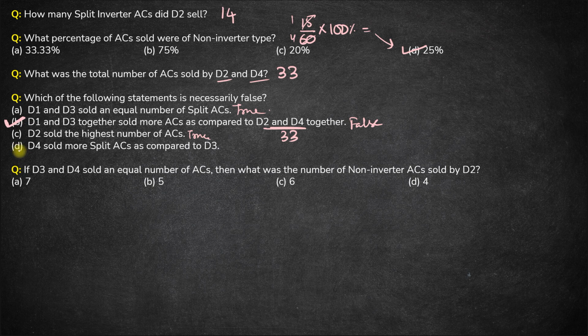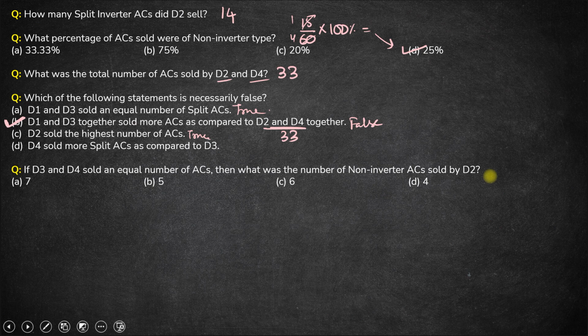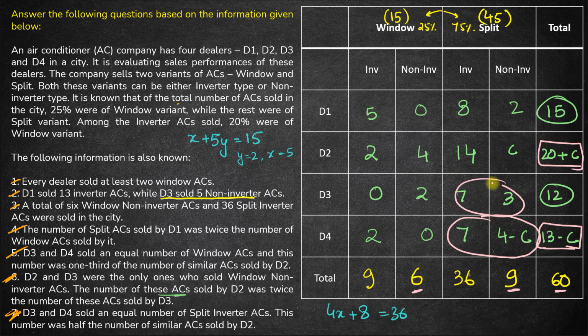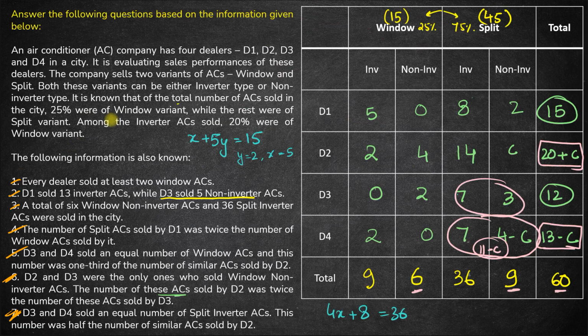And finally checking the last option D, D4 sold more split ACs as compared to D3. D3 sold a total of 10 and D4 sold a total of 7 plus 4 minus C, that means 11 minus C. Now, is this definitely false? Well, it may be false, it may not be false. If let's say C is 0, that means D4 sells 11 ACs and D3 sells 10 ACs.